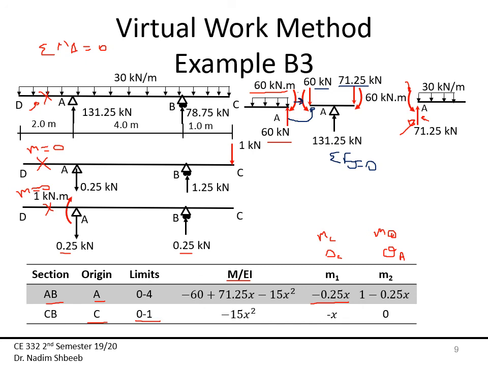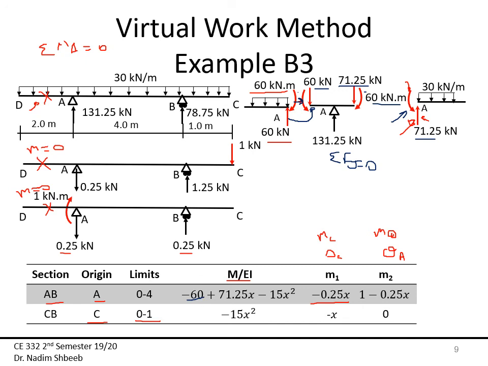Again, this moment is equal and opposite to this moment. Now I get to just after A. Now this moment again is 60, and now this force is 71.25 kilonewton. So when I write the moment function for that, this is what I'm getting. Again, the moment is counterclockwise, hence minus 60.